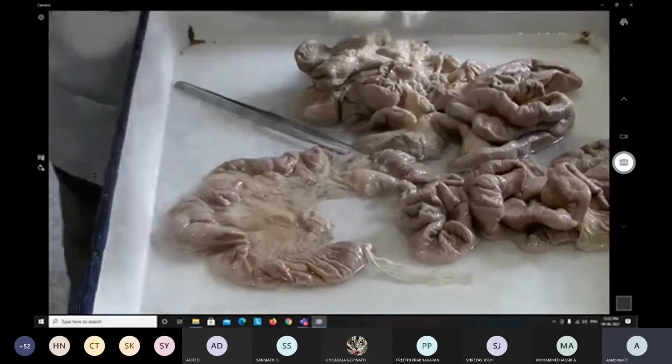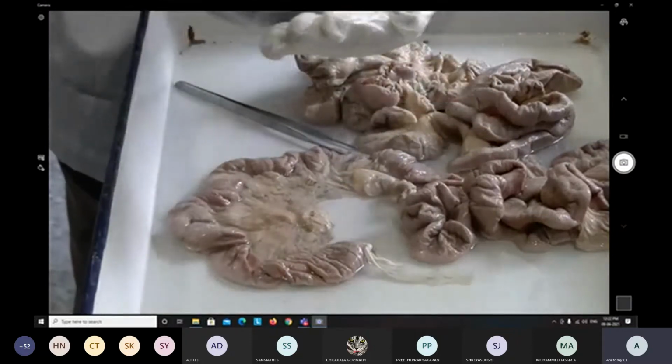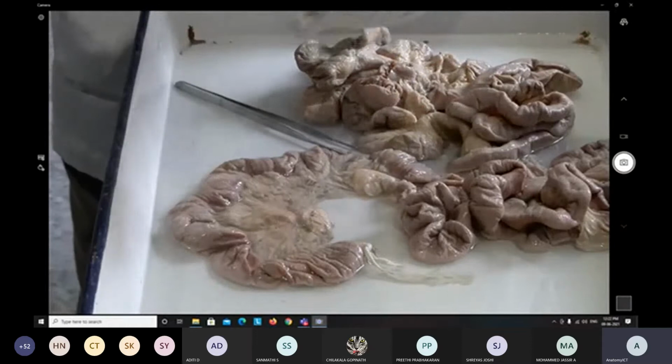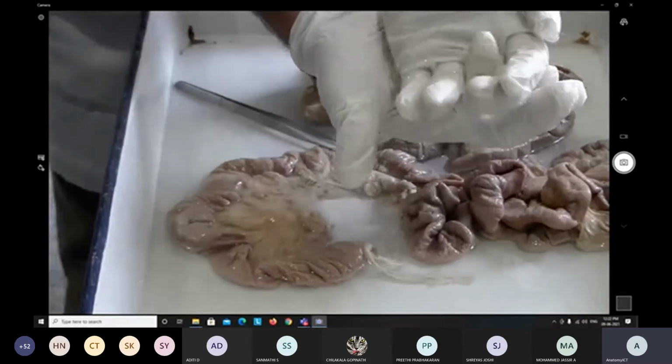What happens when there are multiple folds inside the intestinal wall? There is a fold above the opening of the papilla.